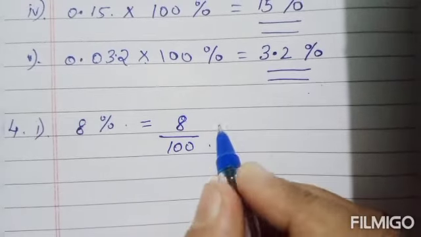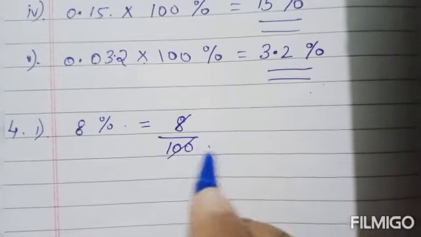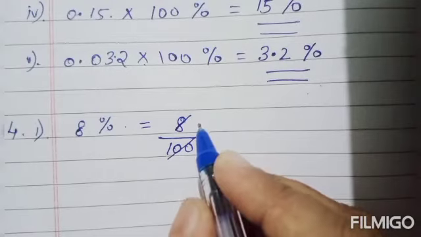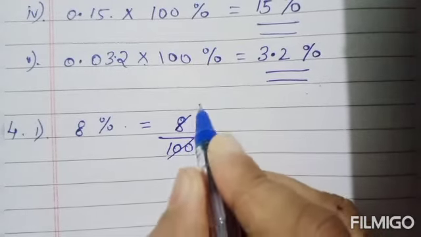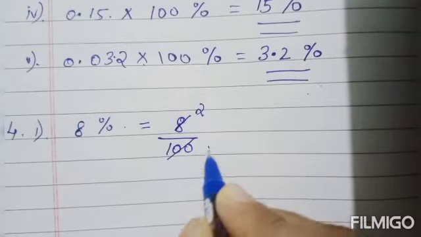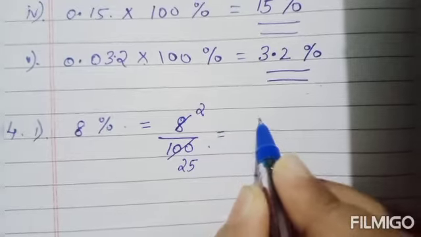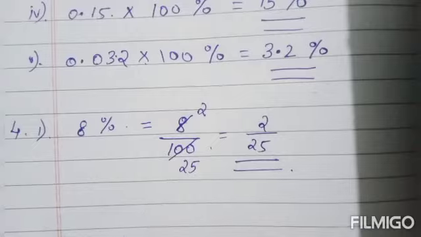Now you can reduce this fraction to lowest terms. Both 8 and 100 are divisible by 4. So 8 divided by 4 is 2, 100 divided by 4 is 25. So what will you get? 2 by 25. This will be the answer.